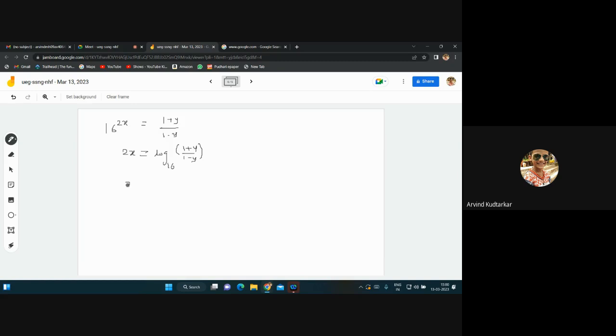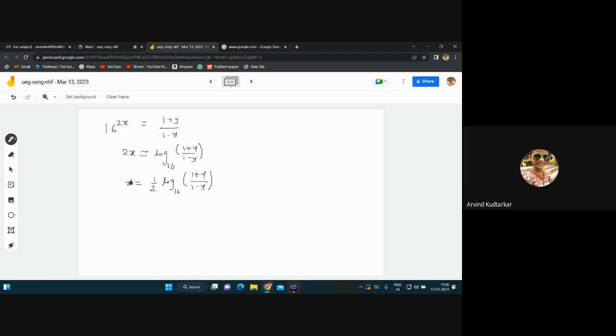What is x? X is equal to 1 by 2 times log to the base 16 of 1 plus y upon 1 minus y. So x is equal to half times log of 1 plus y by 1 minus y.